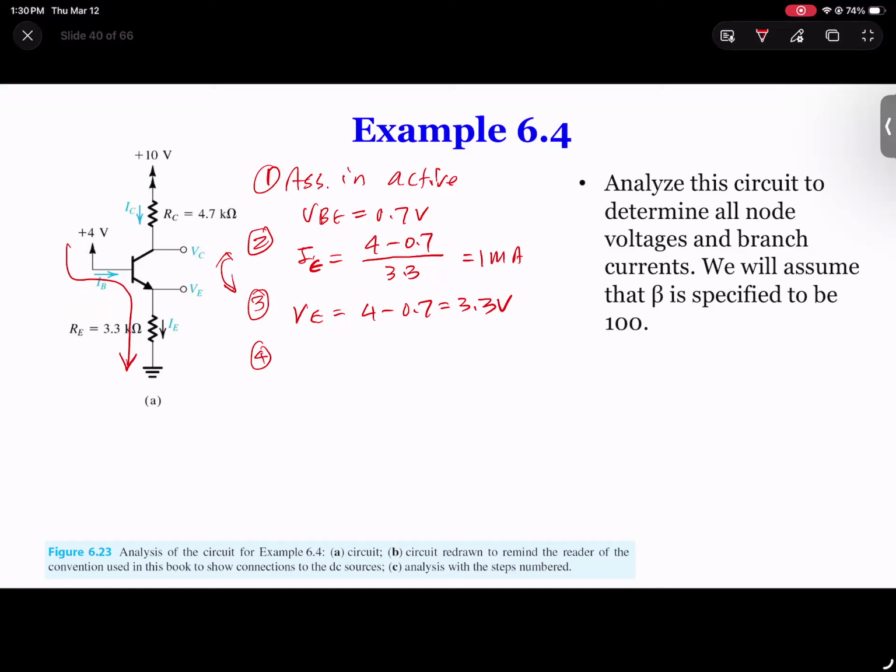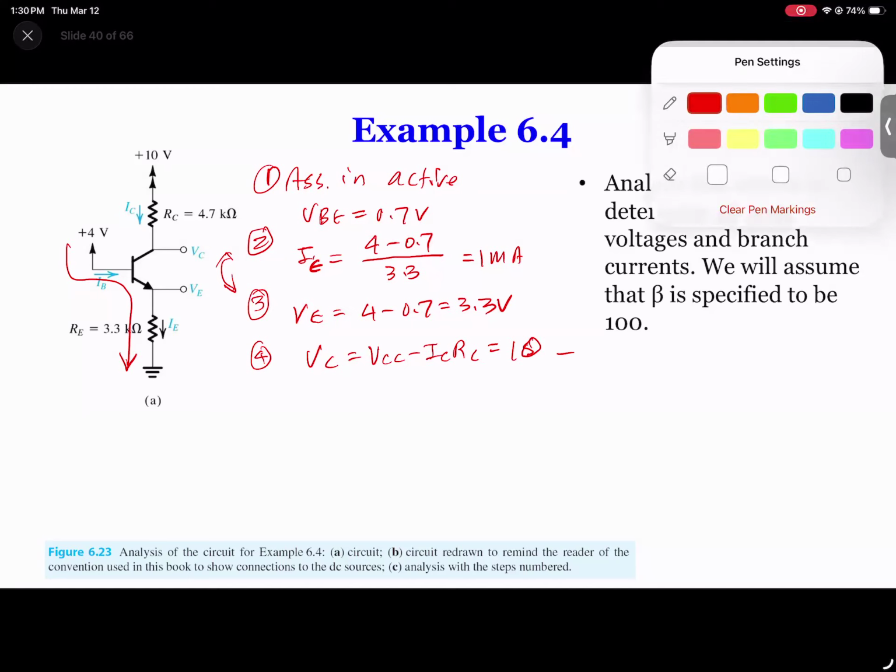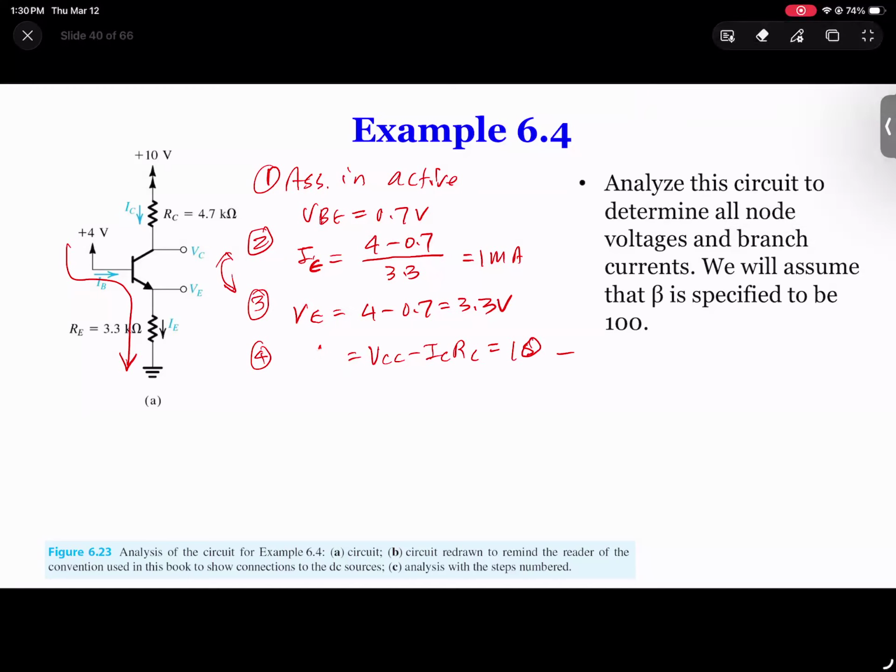So I'm going to calculate VC. VC is VCC minus IC times RC, which is equal to 10 volts minus, oh, actually, I'm too early. I cannot calculate VC yet because I need to calculate IC. If I know IE, IC is alpha times IE, because beta is 100, so alpha is 0.99.